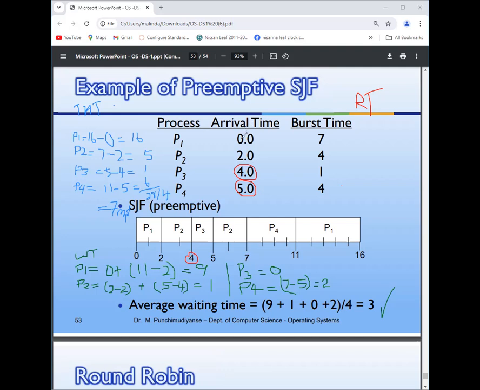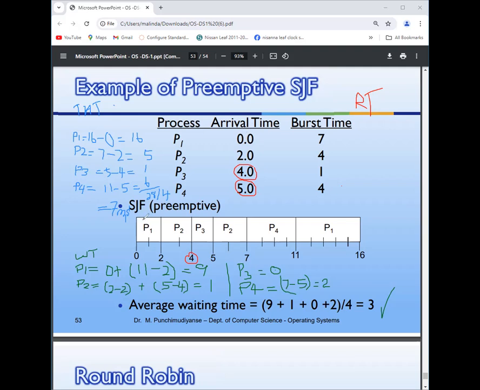Arrival time is when the job comes to the queue. When somebody comes to the queue, that is called arrival time. But when that particular person is served, say food or something, that is called CPU scheduling time, right? So that is mentioned in the Gantt chart.